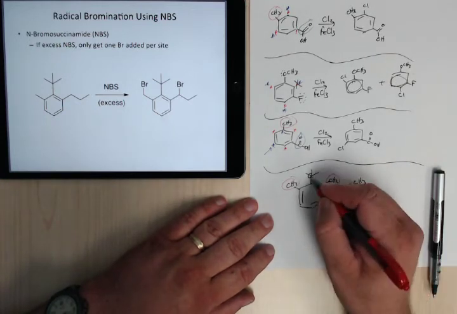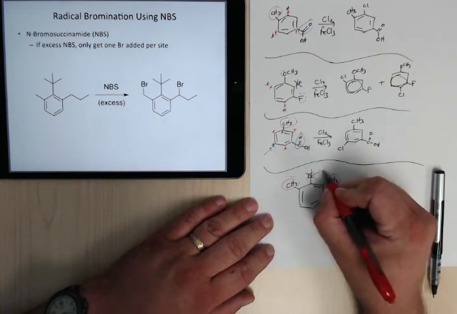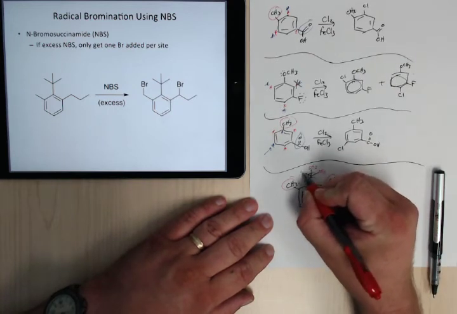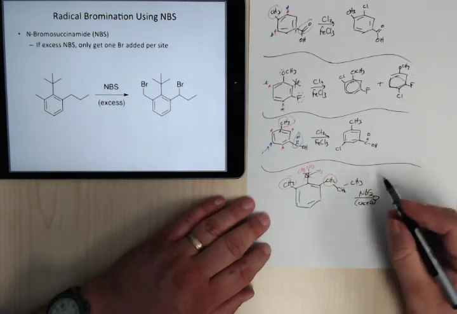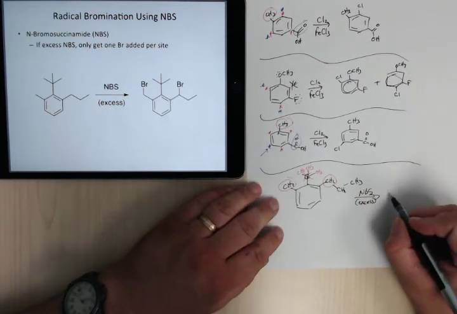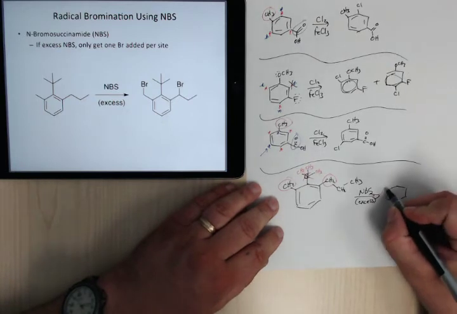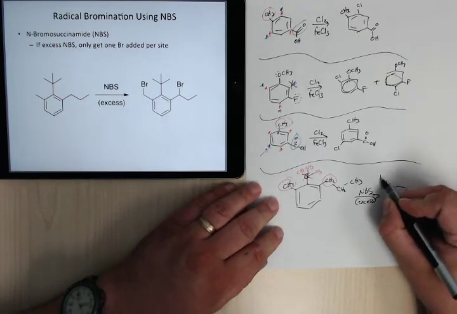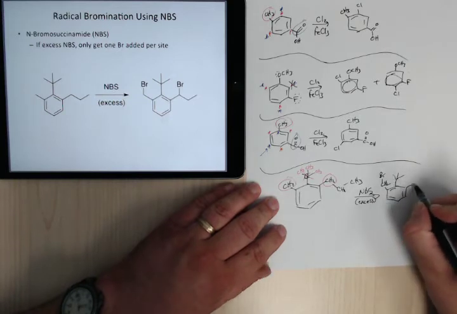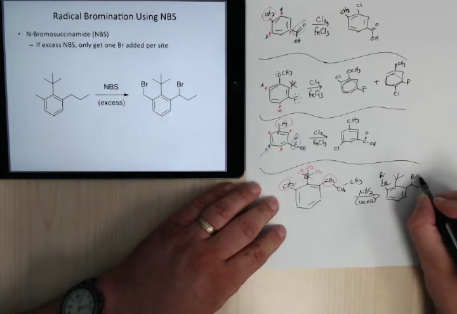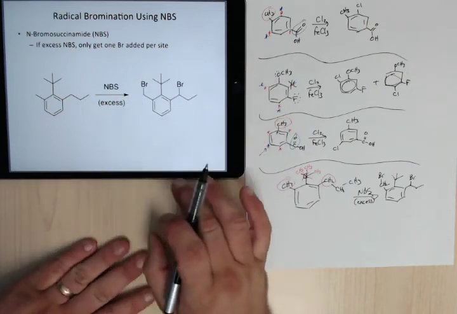We can add it here, but we can't add it there. Yes, there are CH3s here, but they have to be right adjacent to the ring. And you really only get one bromine per site. So you're going to get CH2Br, this, and then here. Alright, so you're going to end up with that.